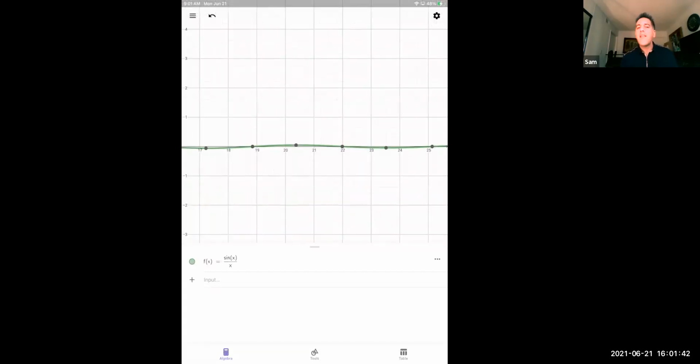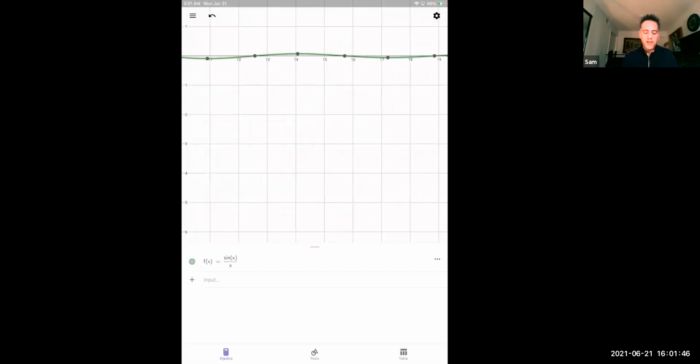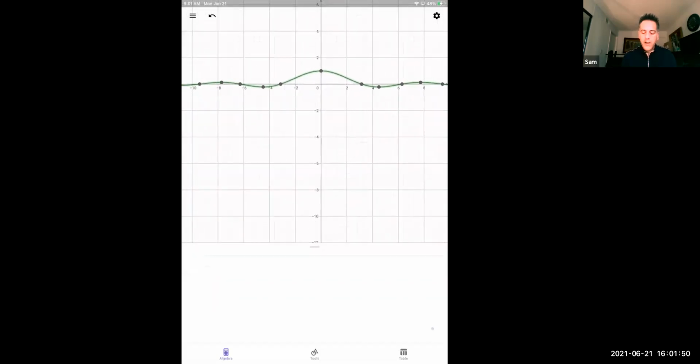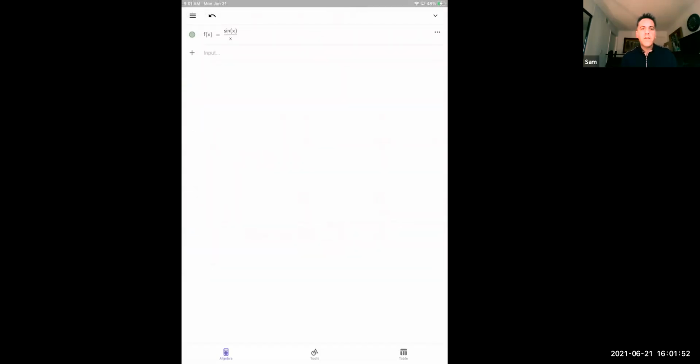That is what's going on. Now, we don't need to be able to graph this function, but let's just look at the function for a moment. This function, sine of x over x, is undefined when x is 0. Do you all agree?